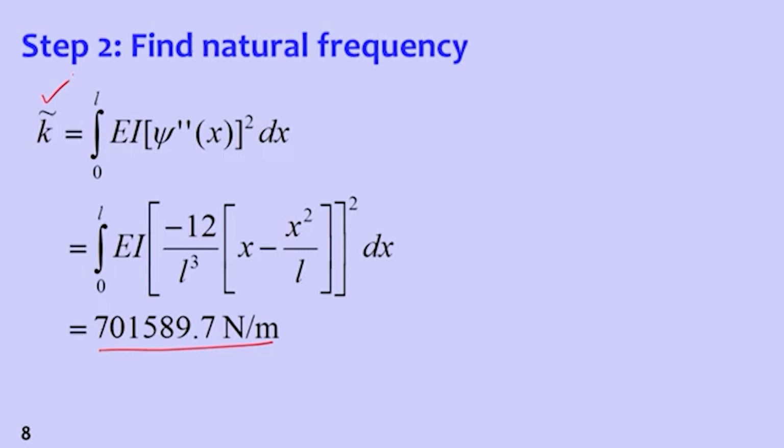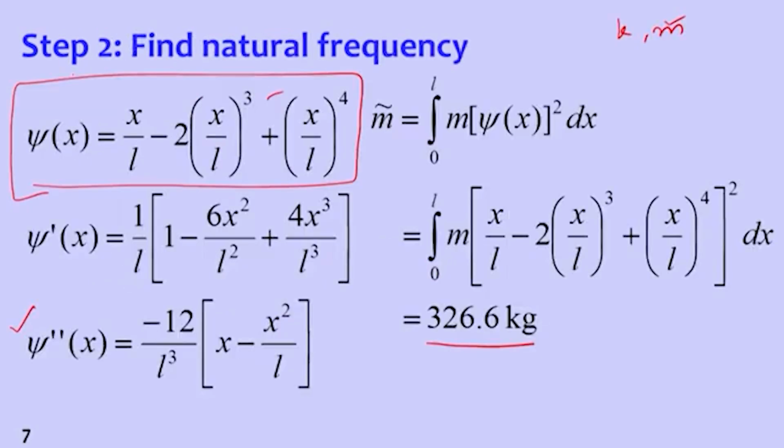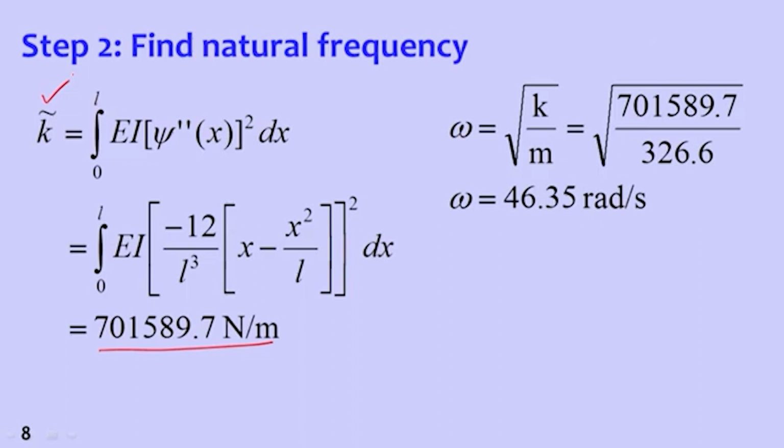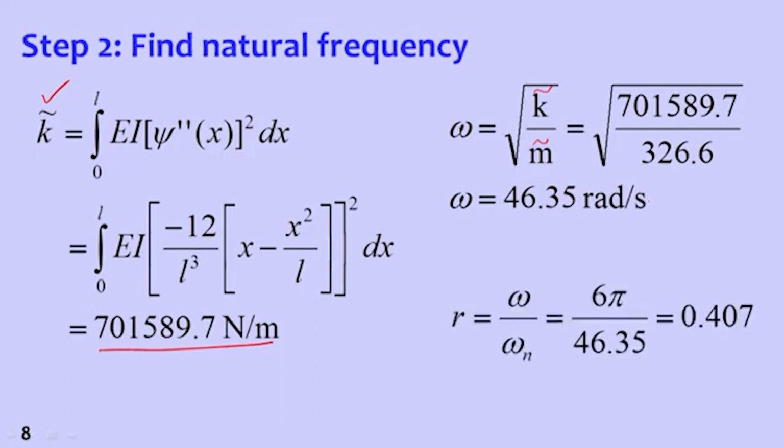So the generalized mass and generalized stiffness are calculated, and then omega is equal to under root K by M. We substitute the values and we get 46.35 radians per second. Then R, the frequency ratio, is 6 pi divided by this, which gives 0.407.